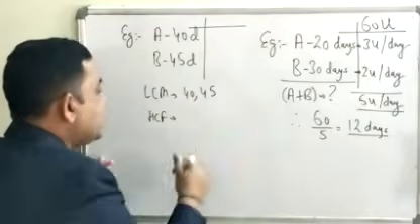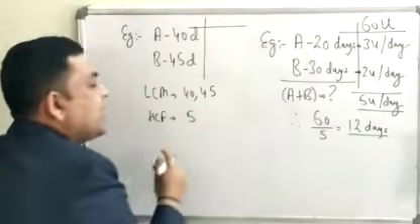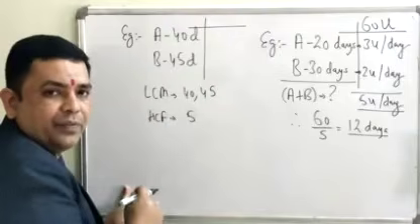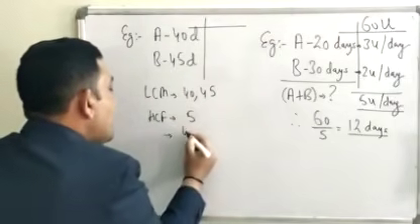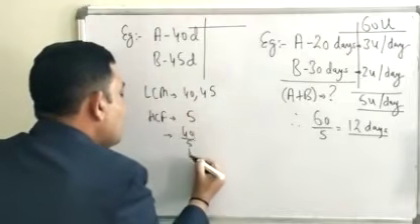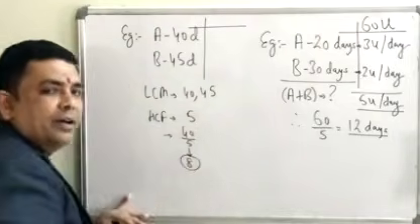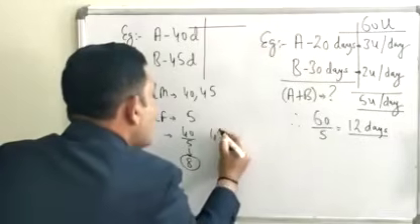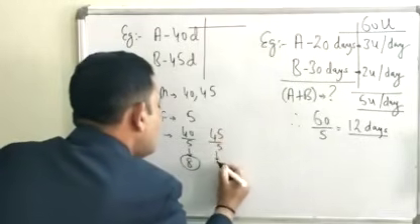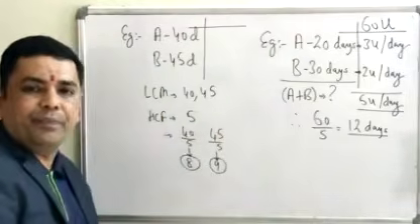In this case, the HCF of 40 and 45 is 5. Now, when I divide 40 by 5, I will have the quotient as 8. Similarly, when I divide 45 by 5, the quotient will be 9.